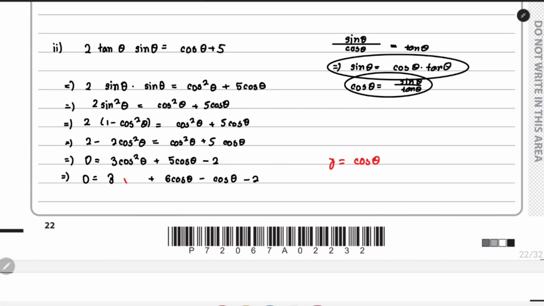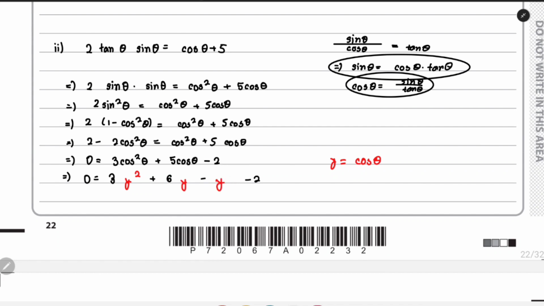So instead of cos square theta, we'll write y square, and instead of cos theta, we'll write y. So solve it like this. Doing it with cos theta will give you the answer faster, so I'll do it in that method.